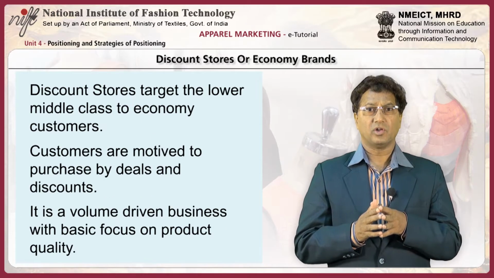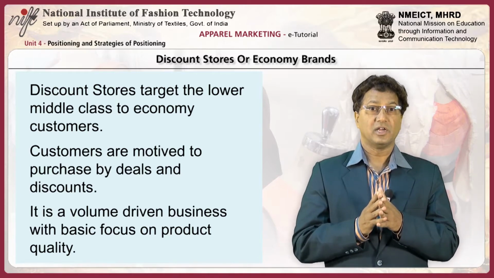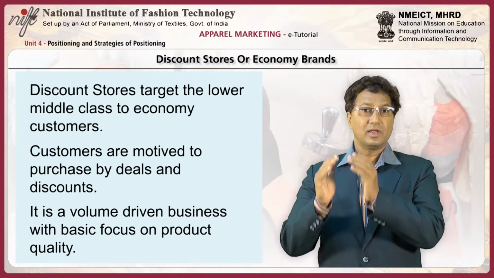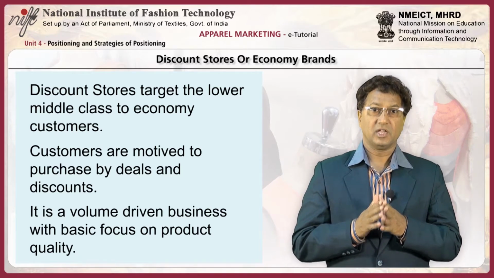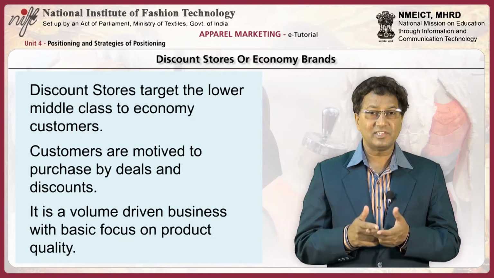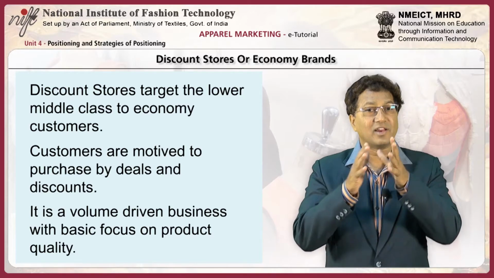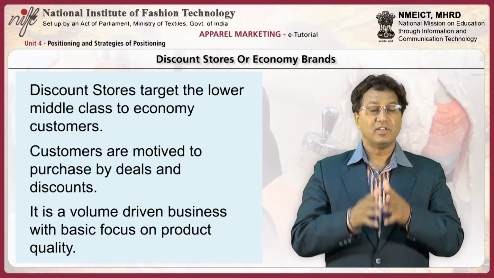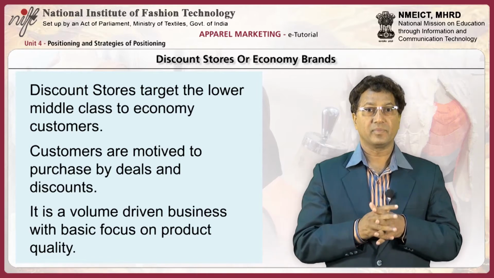Discount stores or economy brands are retailers that target the lower middle class to economy customers. Customers are motivated to purchase by deals and discounts. It's a volume driven business with basic focus on product quality.